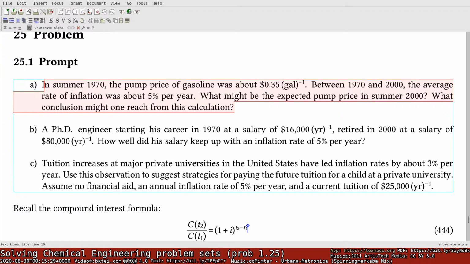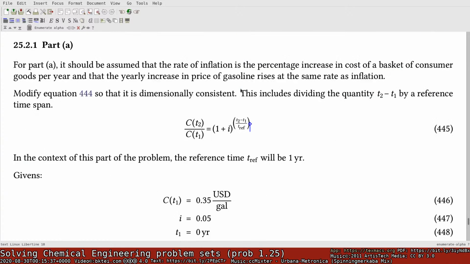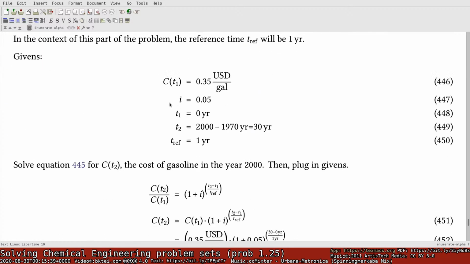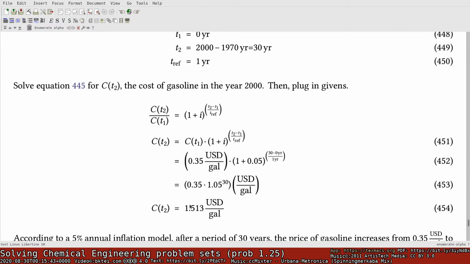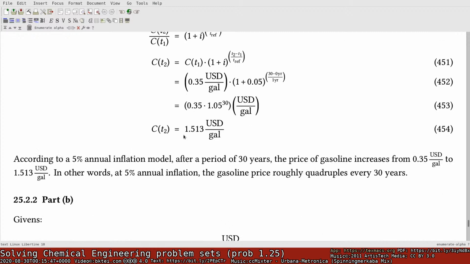We're given a rate of inflation of 5% per year. And so if we assume that gasoline price tracks inflation, we find that the gasoline price increases to $1.5. So it about quadruples every 30 years, according to this model.